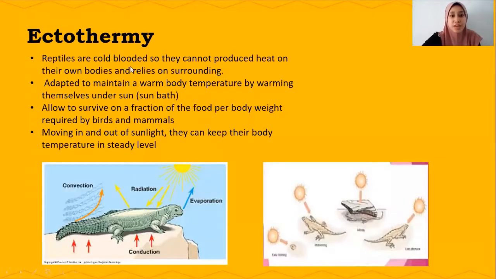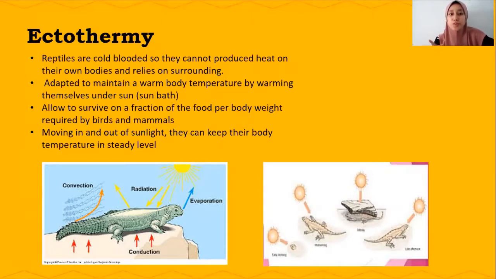Next, ectothermy. Reptiles are cold-blooded. That means they cannot produce heat by their own body. So they have to rely on the surroundings to keep their body warm. Reptiles adapted to maintain a warm body temperature by warming themselves under the sun, which is called sunbathing. This allows them to survive on a fraction of the food per body weight required by birds and mammals.